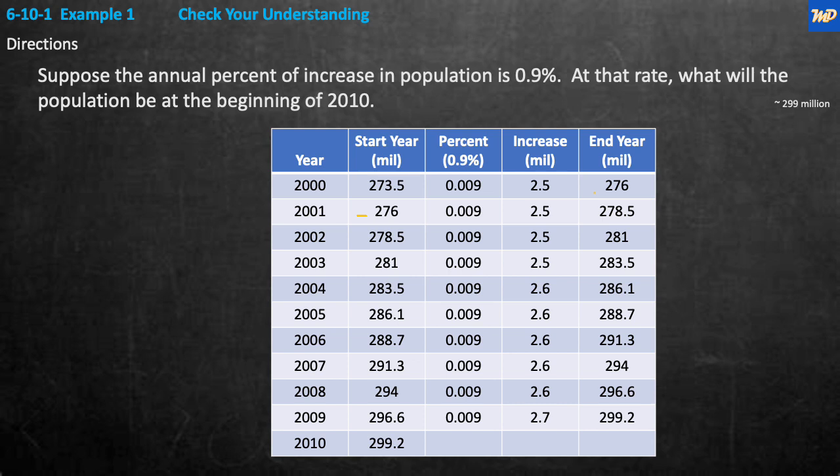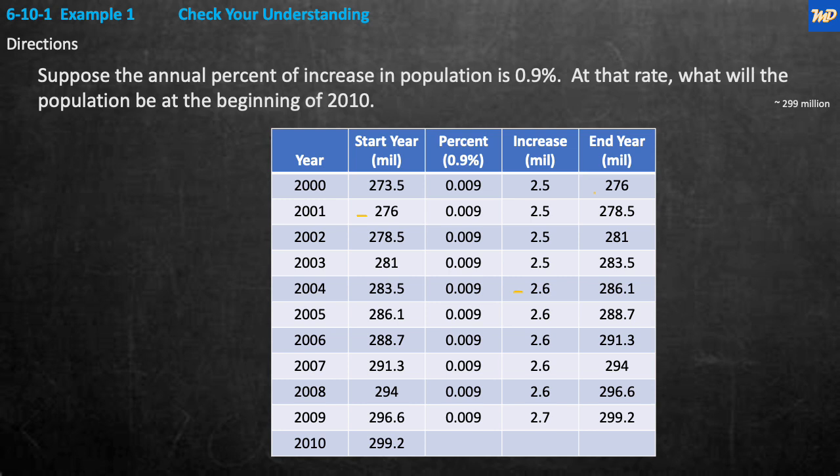Down here in 2004 we jumped from 2.5 million to 2.6 million people, and we're at 286.1 million. We get down here to 2009, all the way to 2009, and we came in with 296.6 million, multiplied it times our 0.009 decimal, and we ended up with an increase of 2.7.